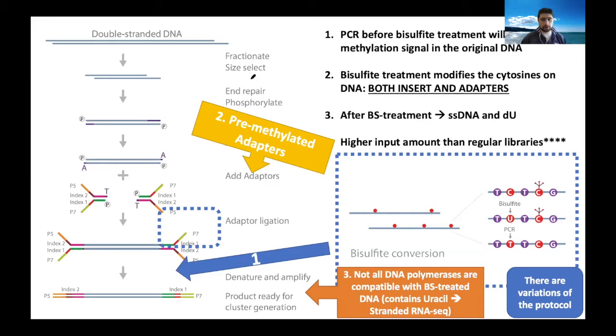So how do we prepare a library for DNA methylation? We actually perform exactly the same steps as before. We have double-stranded DNA. We do fragmentation and repair, phosphorylation, A-tailing, and then we add the adapters.